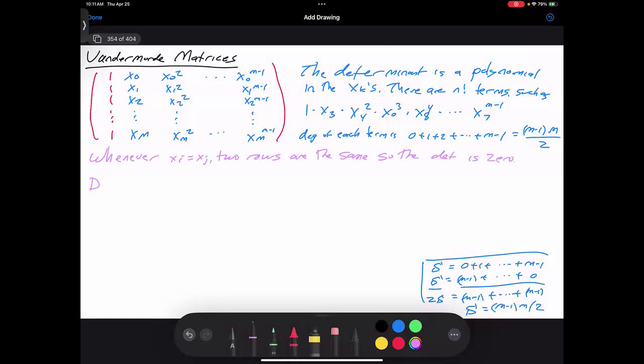So thus the determinant, which is a function of my variables, has to be some function g of the variables, and then it has to vanish whenever an xi equals an xj. So I have to be able to write it as a product over 0 less than or equal to j less than i less than or equal to m minus 1 of xi minus xj.